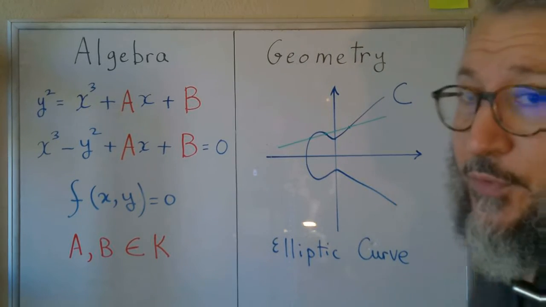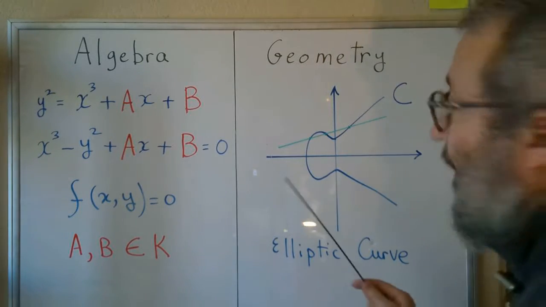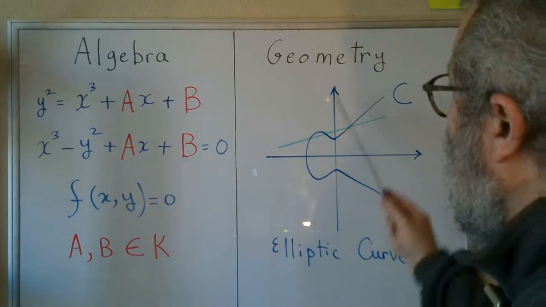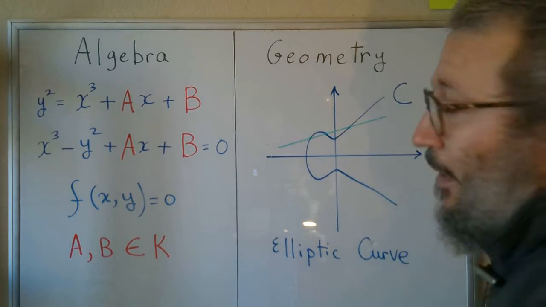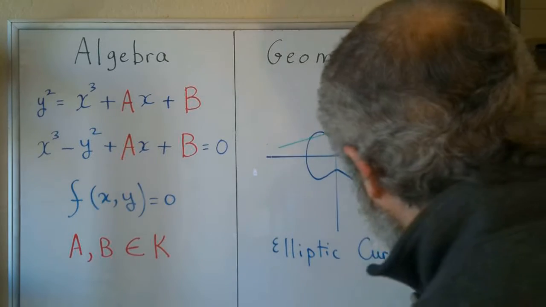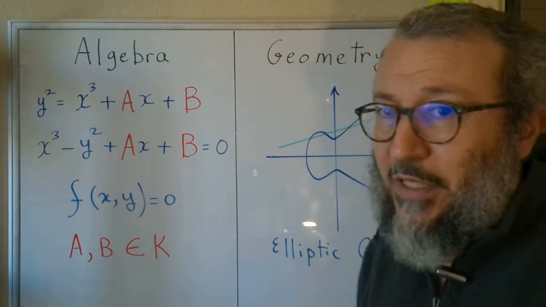The next thing to look at is, if I were to draw a line, and here I drew it in green so that we can separate it from the actual curve. If I were to draw a line that intersects this curve, how many points of intersection would I usually get?